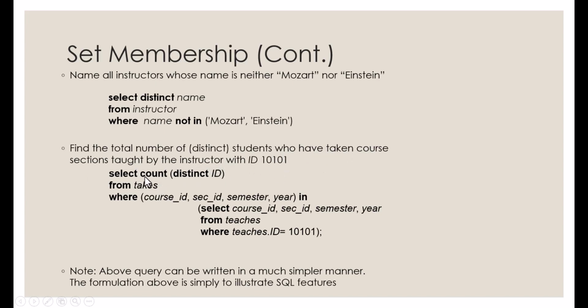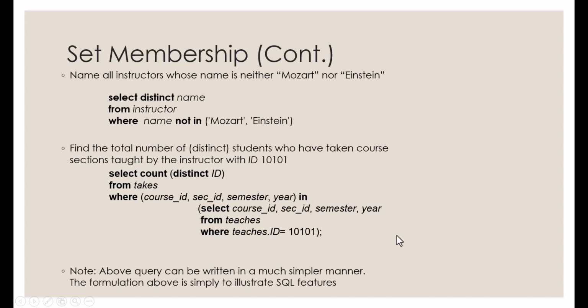So we're selecting count distinct ID from takes where, so it's not just a single attribute here, but a combination of course ID, section ID, semester and year in, and then we have a subquery. So make sure these match these. Okay, so we have course ID, section ID, semester and year, from teaches where teaches.ID is 10101.